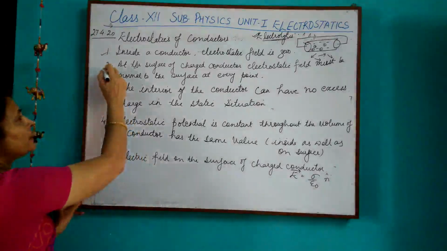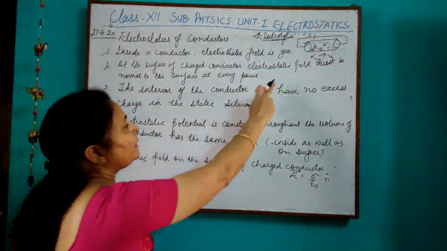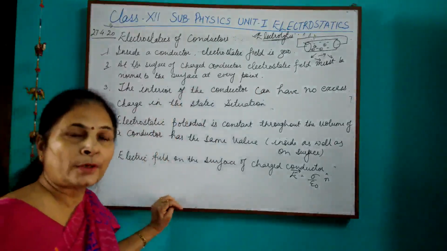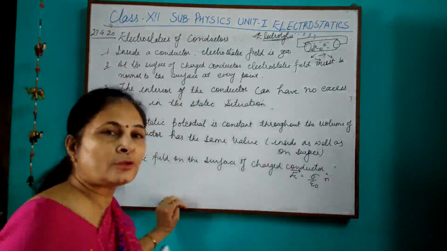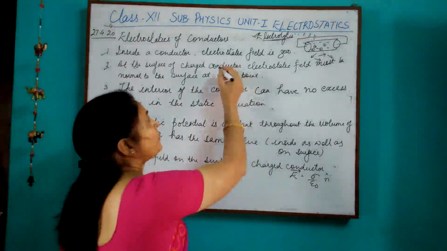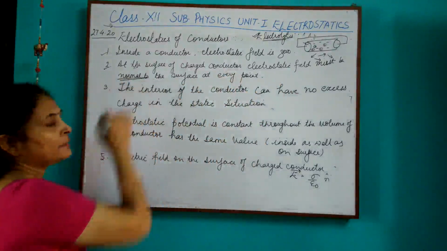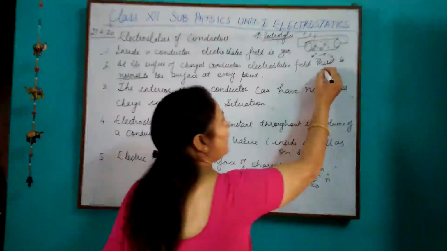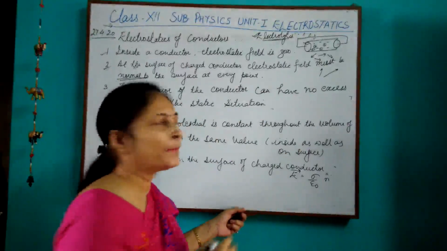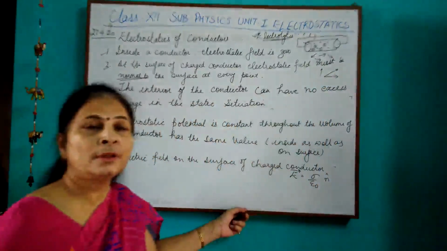The second point is, at the surface of a charged conductor, electrostatic field must be normal to the surface at every point. Suppose it is not perpendicular. Then it must be making some angle, and then there must be a horizontal component.